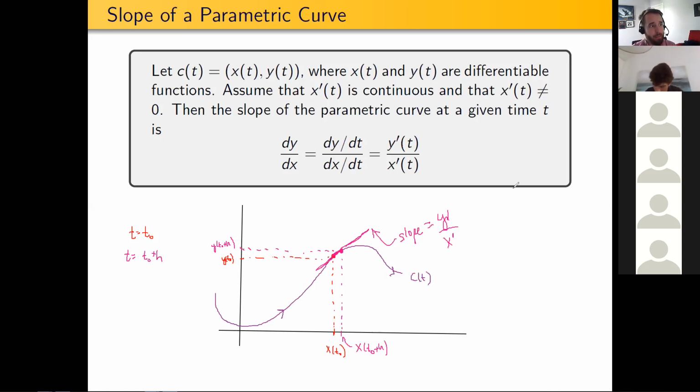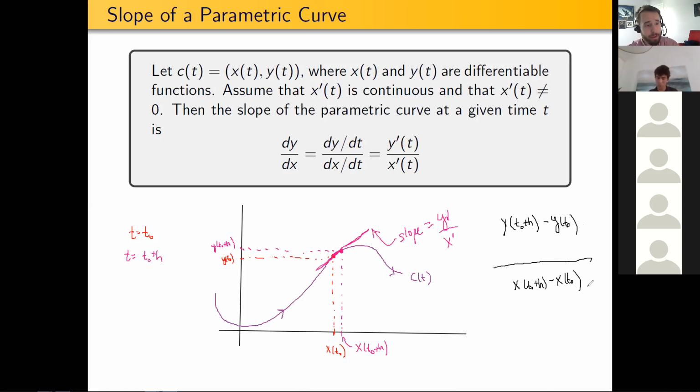Right. So if we wanted to get more formal than that, which, looking at the time here, to get just a tiny bit more formal than that, again, we're sort of near the end of Calc 2, so it's fun to have some throwbacks to Calc 1. I could express this fraction as, right, this was y of t naught plus h minus y of t naught divided by x of t naught plus h minus x of t naught.